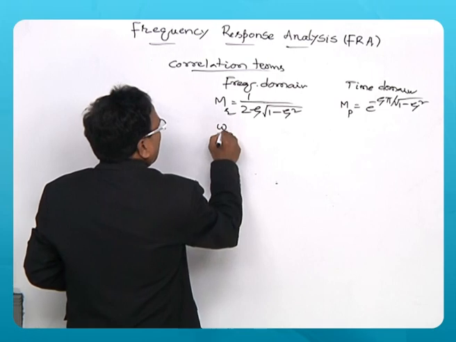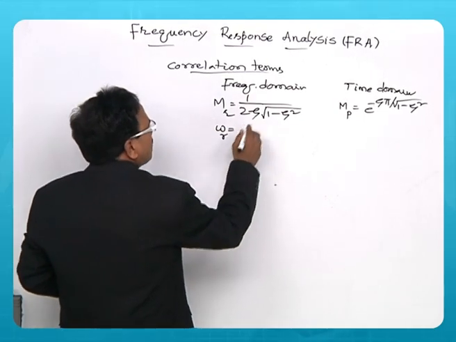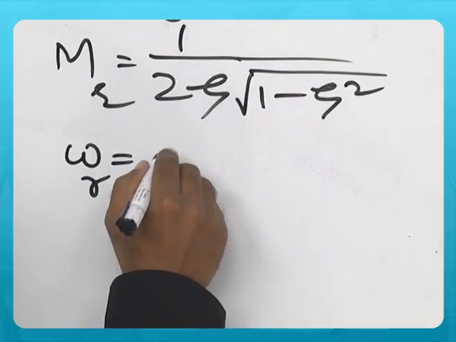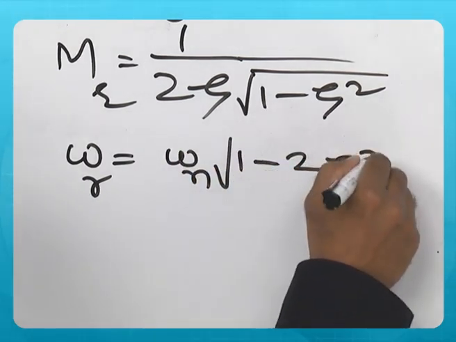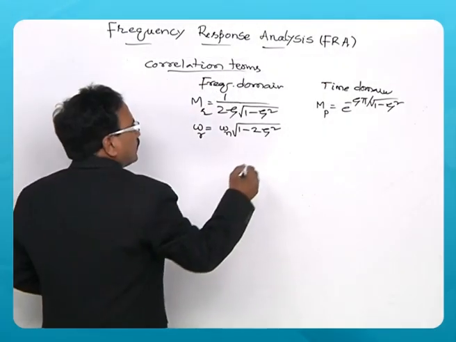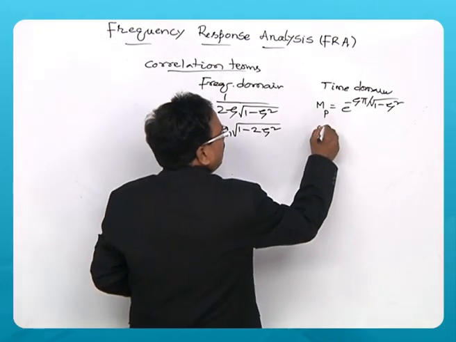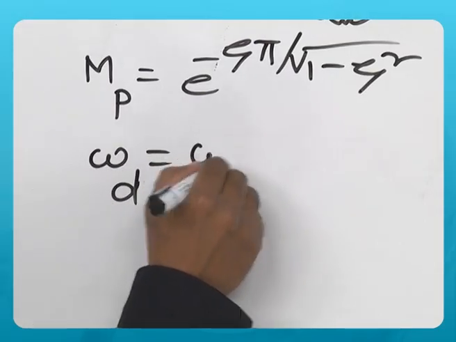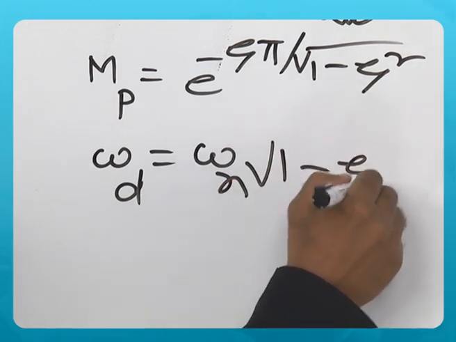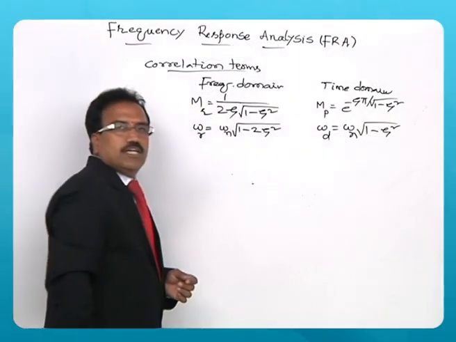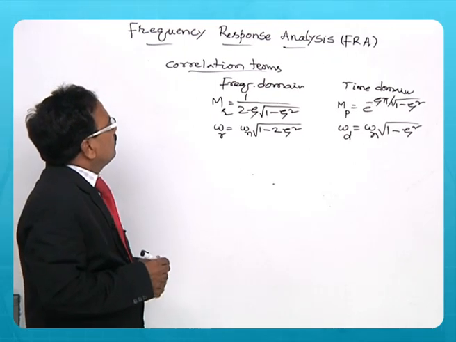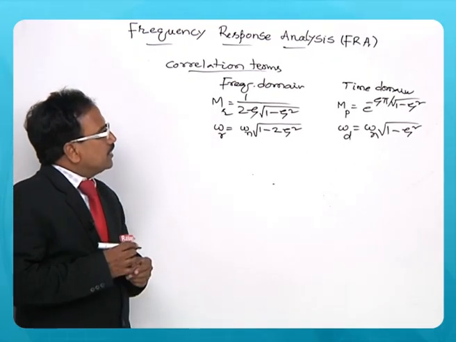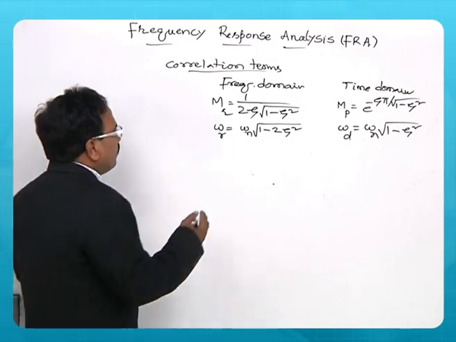And the omega r, the resonant frequency here, is equal to omega n under root of 1 minus 2 zeta square. And this is omega d, equal to omega n under root of 1 minus zeta square. A relation exists between frequency in frequency domain and damped natural frequency in time domain.